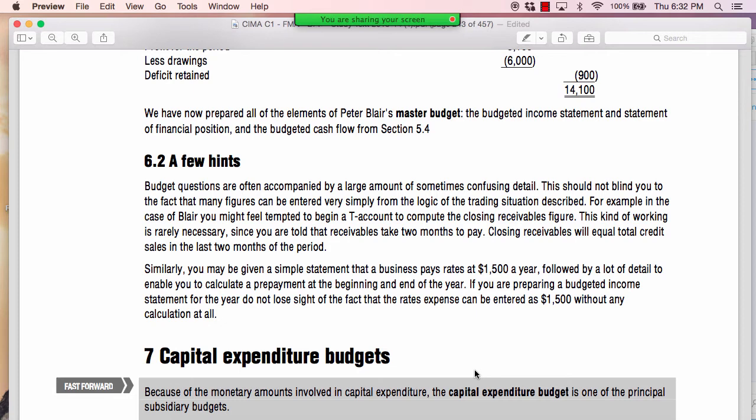You may be given a simple statement that a business pays rates at 1,500 a year, followed by a lot of details enabling you to calculate a prepayment at the beginning and end of the year. If you're preparing a budgeted income statement for the year, do not lose sight of the fact that the rates expense can be 1,500 without any calculation at all. Does that make sense?